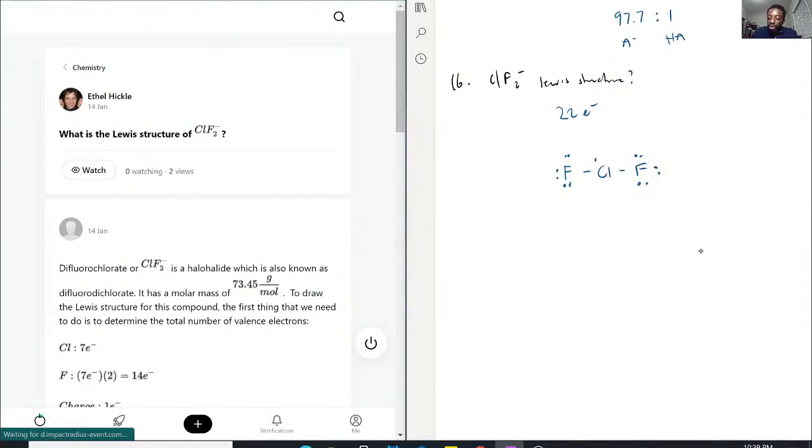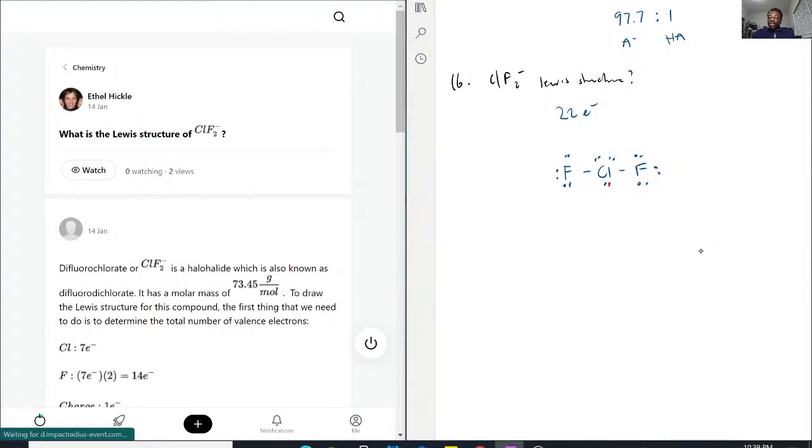So it'll be 3, 4, 5, 6, 7. And now the only way for this to balance out completely is for that extra electron, which I have not added yet, to go and match with the unpaired electron right there. So this is looking like the most likely Lewis structure. But let's review to make sure that is the case, okay?